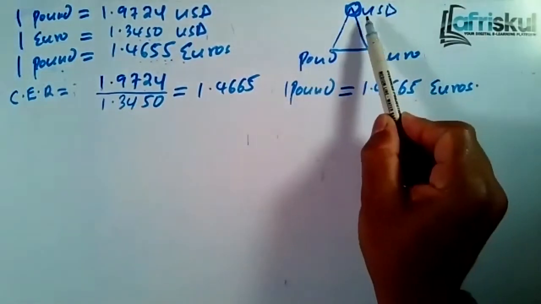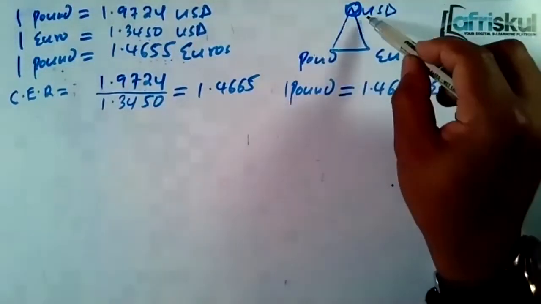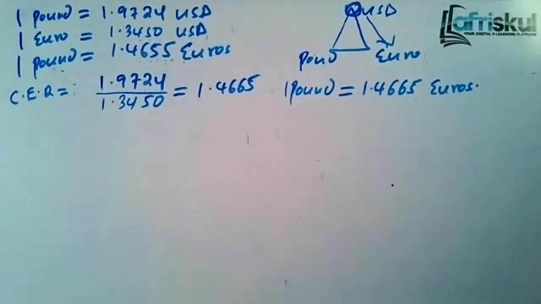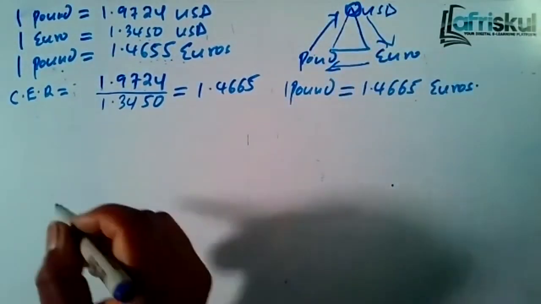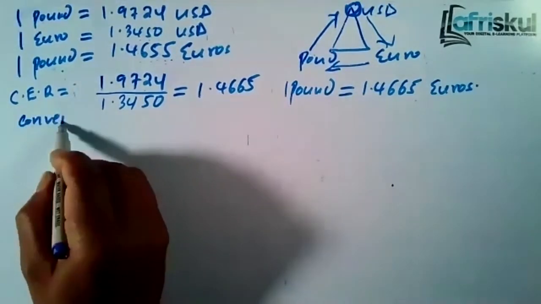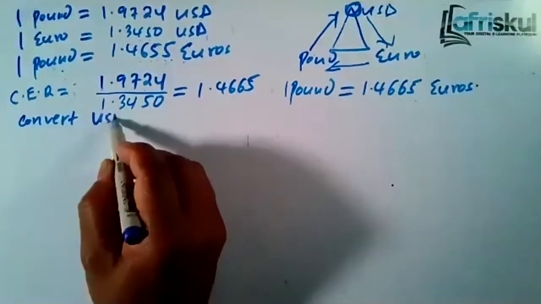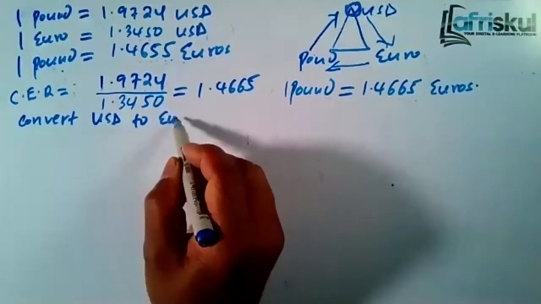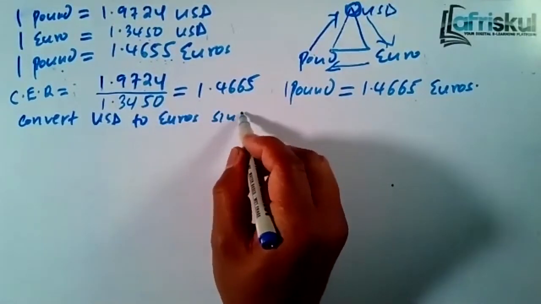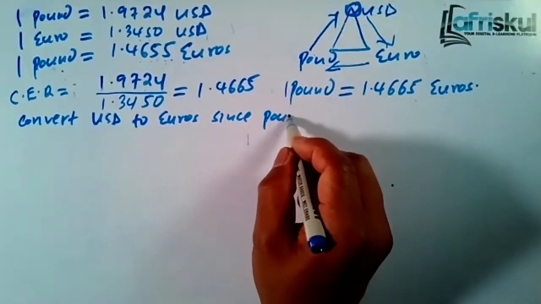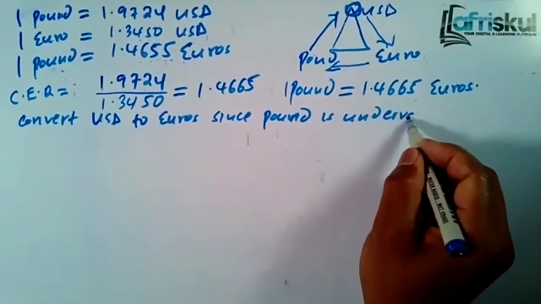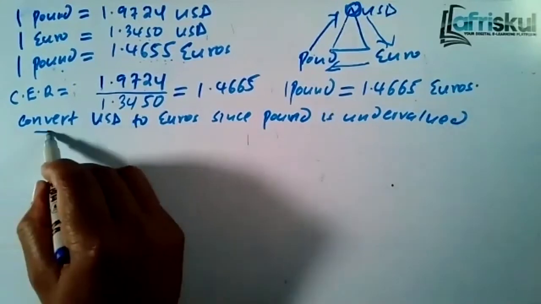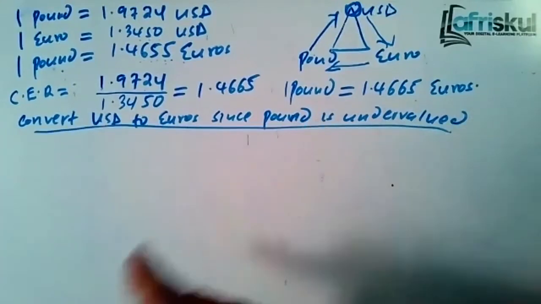That means you don't convert them into pounds, you convert them into euros, then euros to pounds, and then pounds back to US dollars. So convert US dollars to euros, since the pound is undervalued, and if the pound is undervalued, the euro is overvalued.